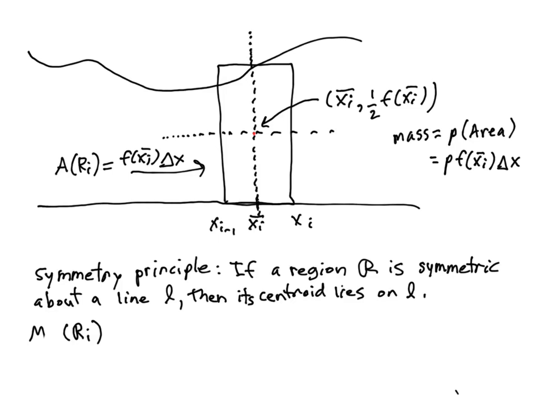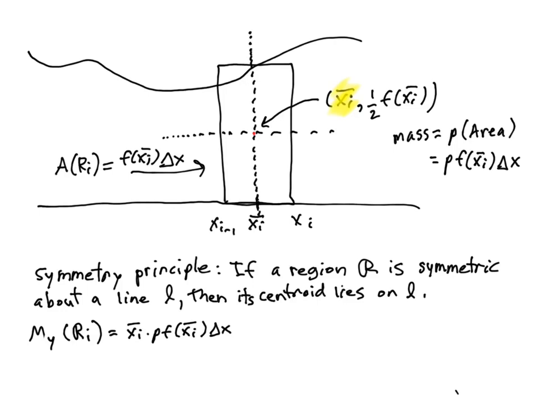The moment with respect to the y-axis for that ith rectangle is just going to be its x coordinate times the mass. Its x coordinate, as we see up here, is xi bar. So I'm going to write xi bar times the mass, which is rho f of xi bar delta x.